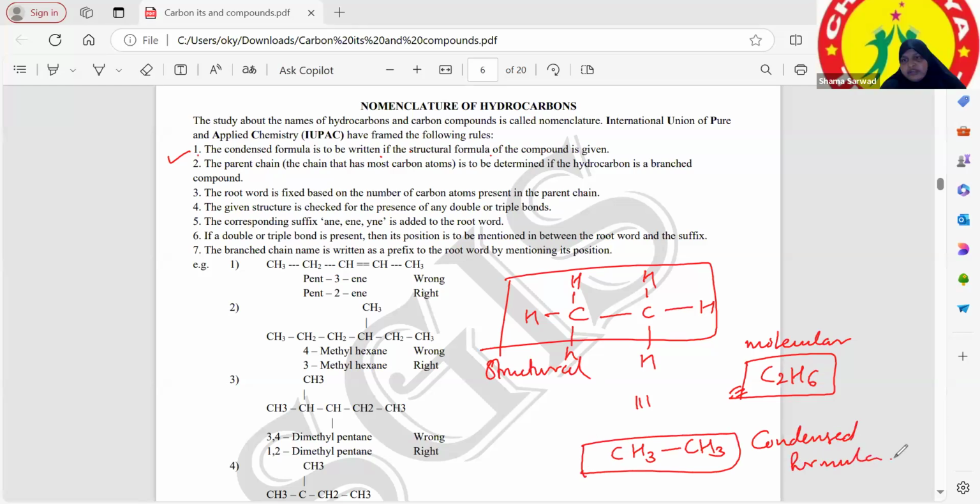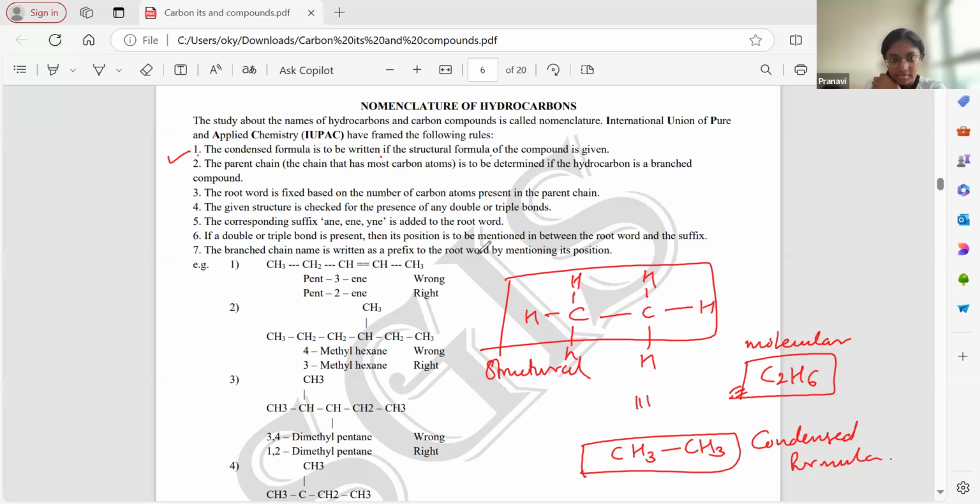Why do you have to write the condensed formula? To identify the longest carbon chain. Ma'am, how? If it is in condensed form, the carbon chain can be identified easily. Hydrogens would not surround the carbon, and you won't get any confusion identifying the longest carbon chain.